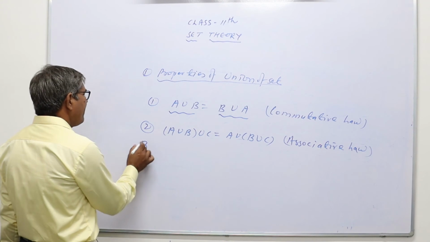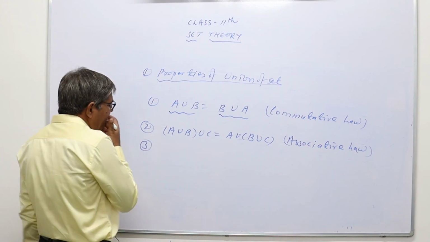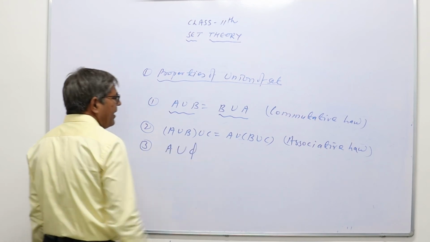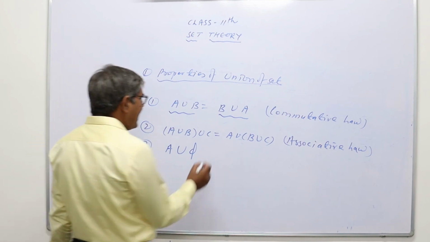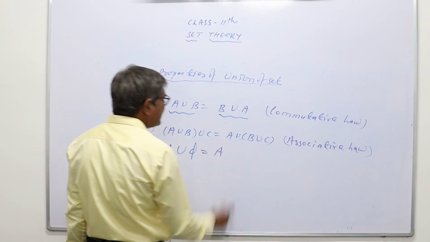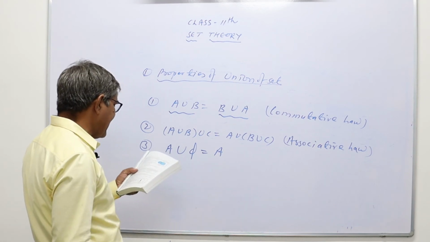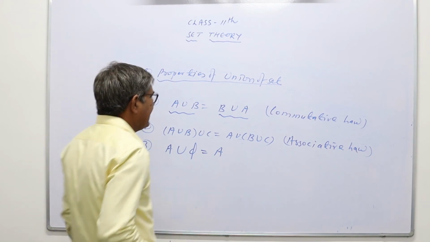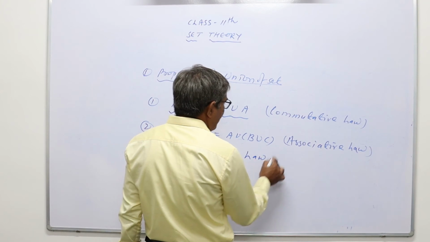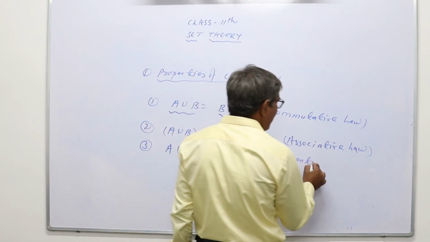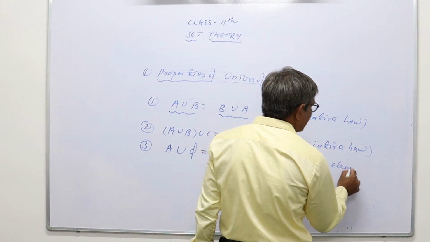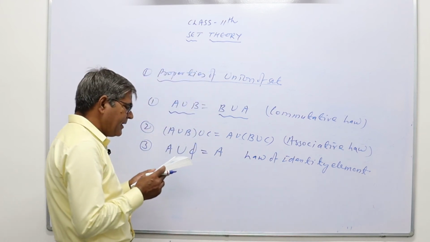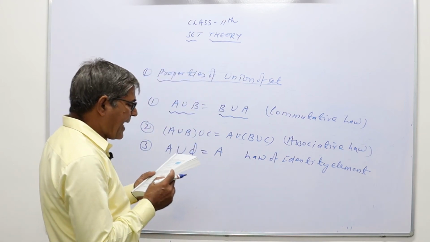Next property: if we have a given set A and we find its union with the empty set, then A union empty set will always be equal to the given set A, and this is known as the law of identity element.